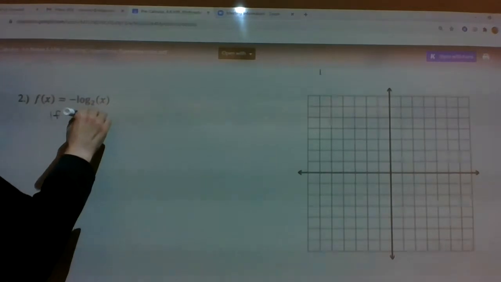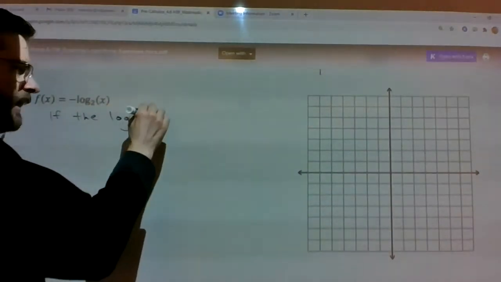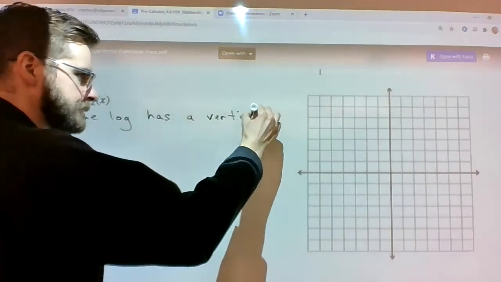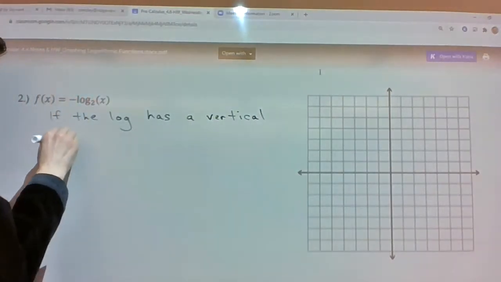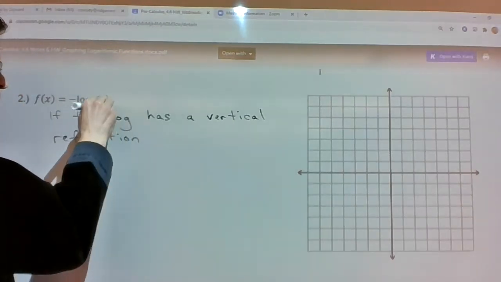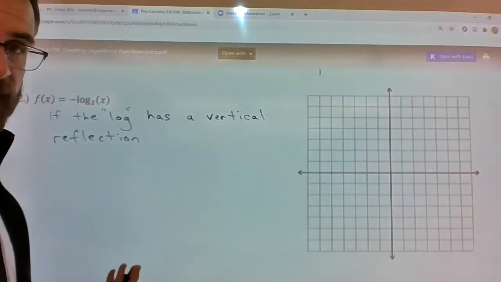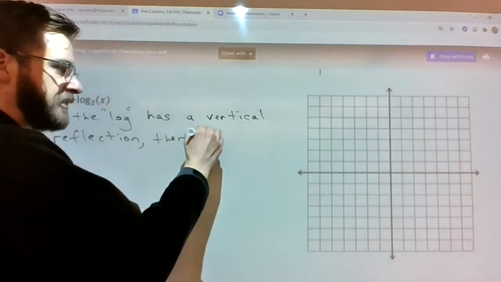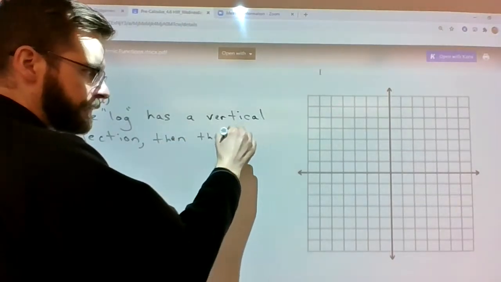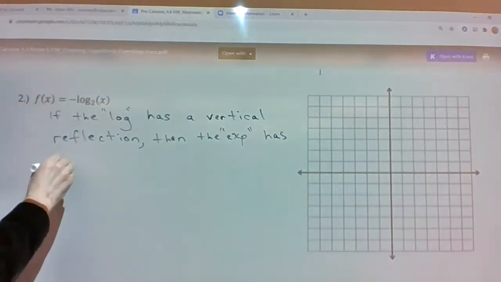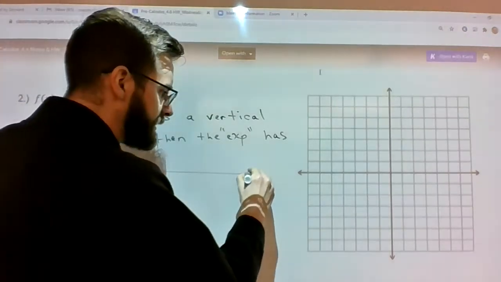If the log has a vertical reflection, and I'll put log in quotes, I'm talking about the logarithm, then the exponential function, I'll just call it exp, has a blank.